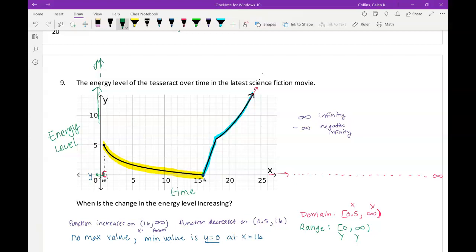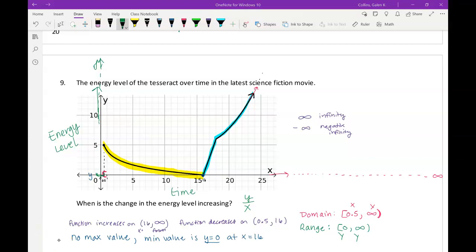The change in the energy level is going to be like y over x. So for the parts of my graph that are linear, I could think of that as the slope, but it's asking where that is increasing. That's the part of this question I don't like, because I didn't think we were going to talk about that in this unit. Let me think about that for just a second.